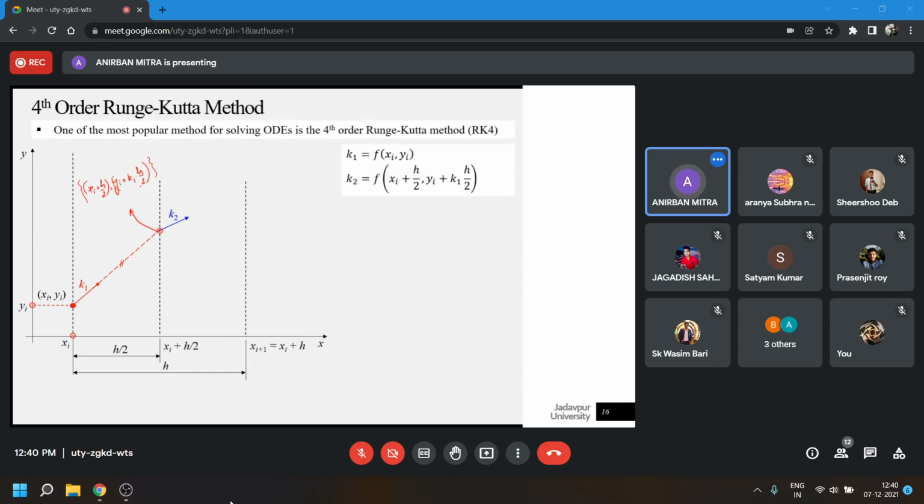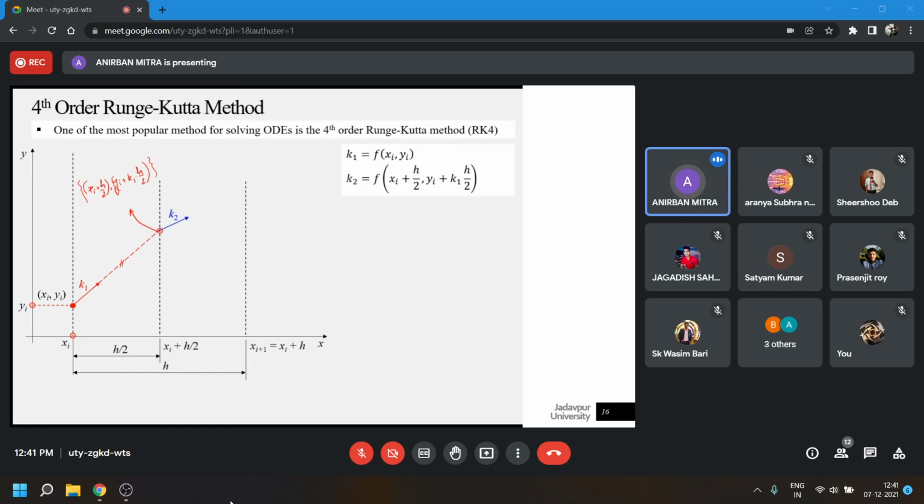We are adding to it the multiplier k1 into h by 2. K1 is the slope, h by 2 is the step size here. So we arrive at this point. So that is the coordinate of this point. If you supply the coordinate of this point into that function, you will get slope k2.